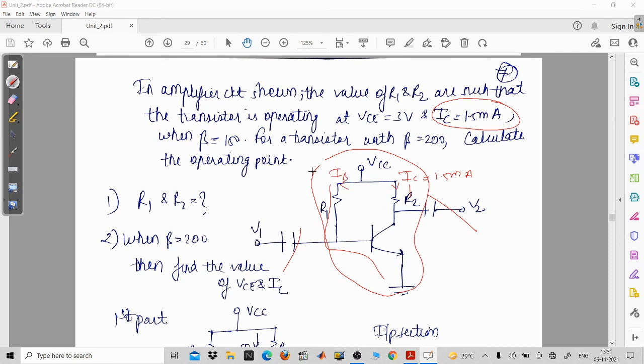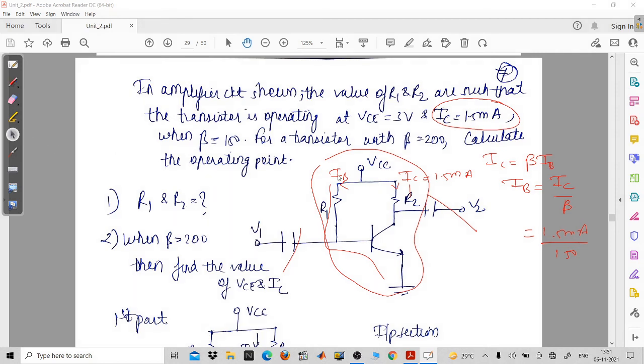Now how to find the IB value? We have one equation, that is IC equals beta into IB. So IB will be equal to IC upon beta. IC is 1.5 milliampere and you have the current gain as 150. So you can simply evaluate the base current value.